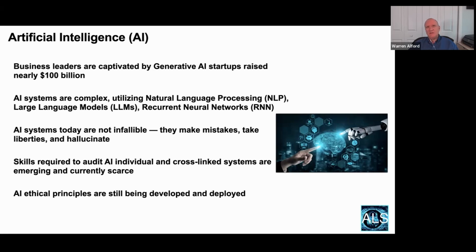And lastly, on this slide, AI has ethical principles that are still being developed. So the ethical application of AI is going to be very important. Also, taking out some of the biases that are going to be inherently included in these models based on the company or the organization's belief systems and things like that.